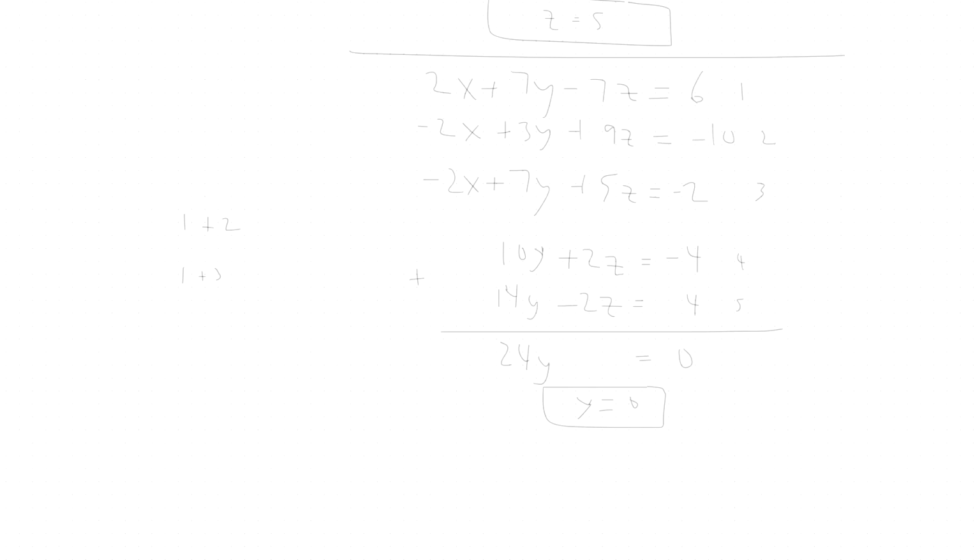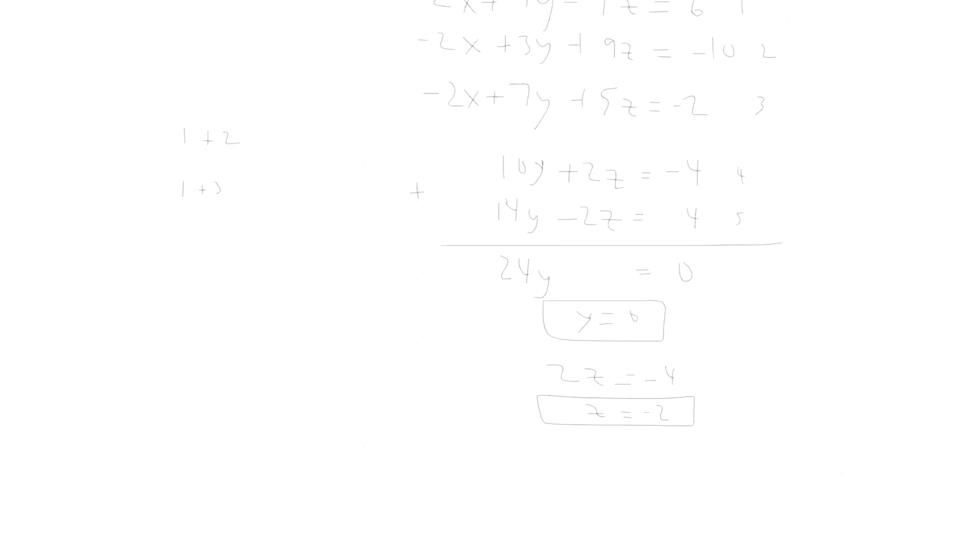Okay, so we got y, we got z. Now sub that into one of the first 3 equations. Say number 1. 2x plus 7 times 0, which is 0, minus 7 times negative 2, which is 14, equals 6.